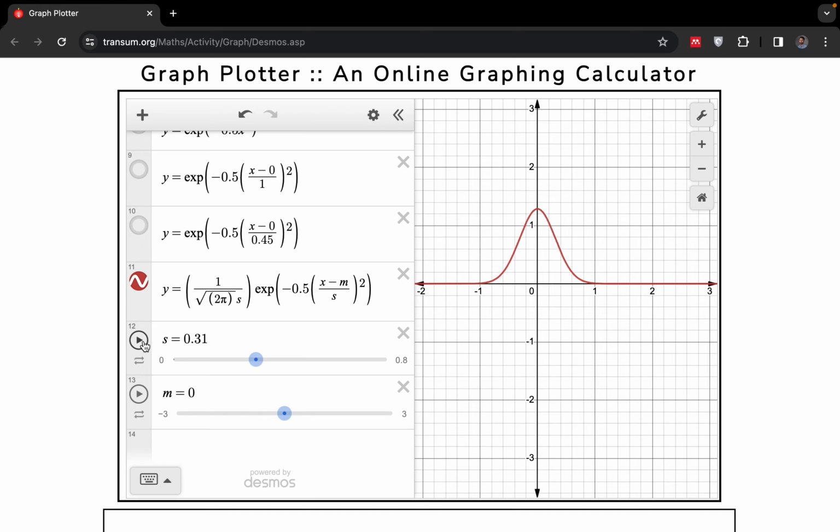So let's just stop it at some point, and let's also visualize the movement of the mean, right? So this moves from 3 to -3. Notice the value of m that's being taken in this expression right here.